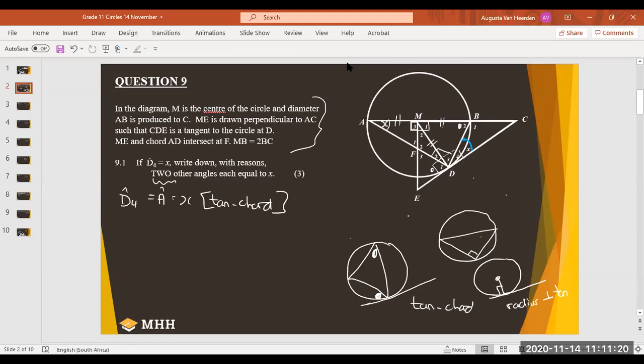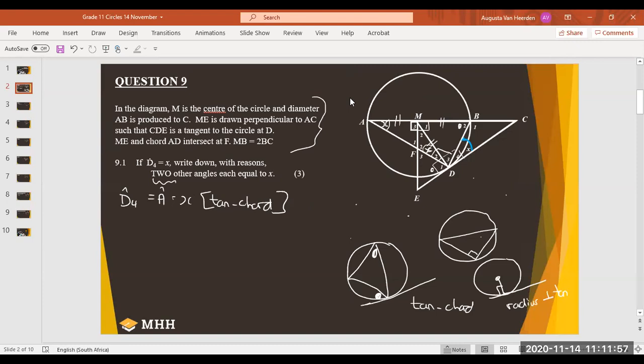Can we see another one? D2. Okay, Taskeen is saying D2. Yep. Angles opposite equal sides. Well done.